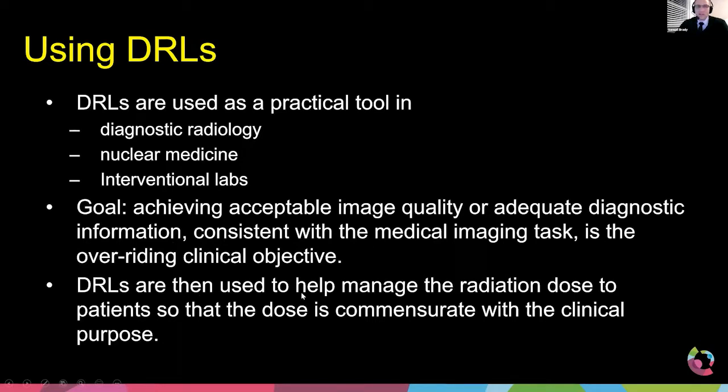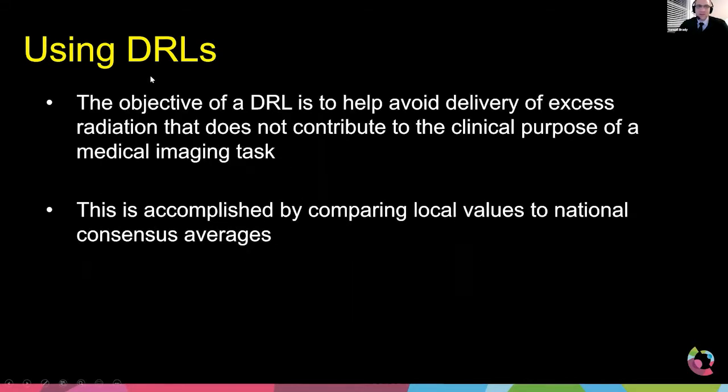DRLs are used to help manage the radiation dose so that we get the proper image quality and have the ability to answer the clinical diagnostic task. The objective of a DRL is to help avoid delivering excess radiation that does not contribute to a clinical task. This is accomplished by comparing your local values at your local hospital or clinic to these new national values that Dr. Panrutai and her team have established.